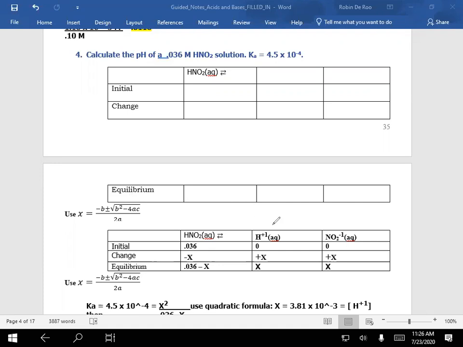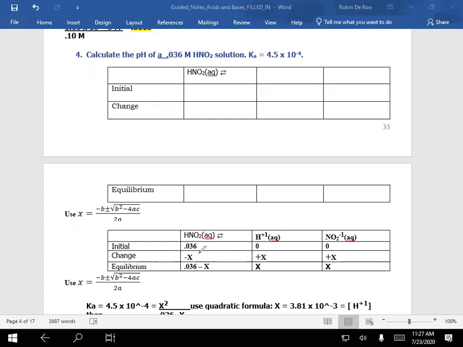Let's look at how your ICE table is set up. So here is your weak acid. You break it up into H plus and nitrite. Initially, we have 0.036 molarity of the weak acid. We have 0 of the hydrogen ion, 0 of the nitrite.